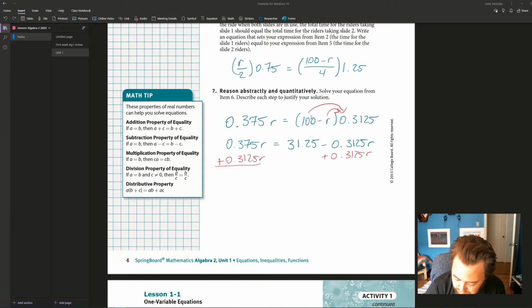Excuse my little brain fart there. These guys cancel out, and we end up with 0.6875 r's is equal to 31.25.